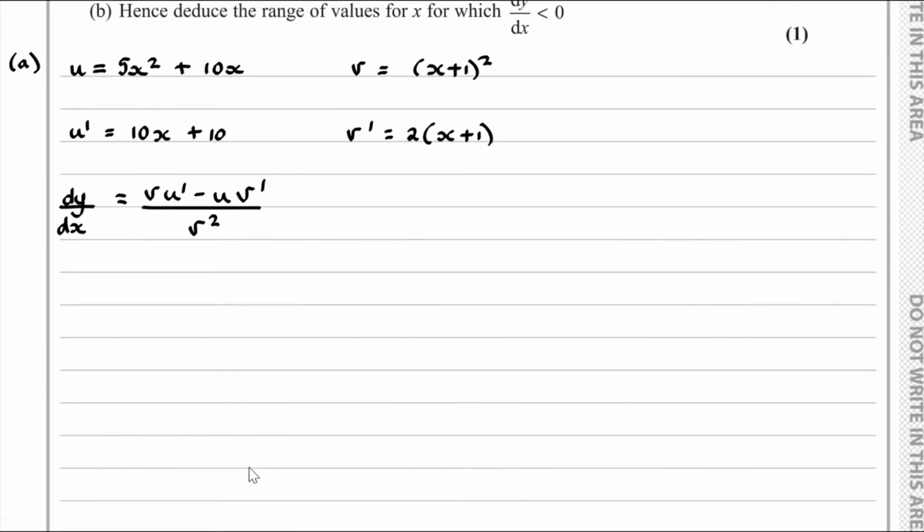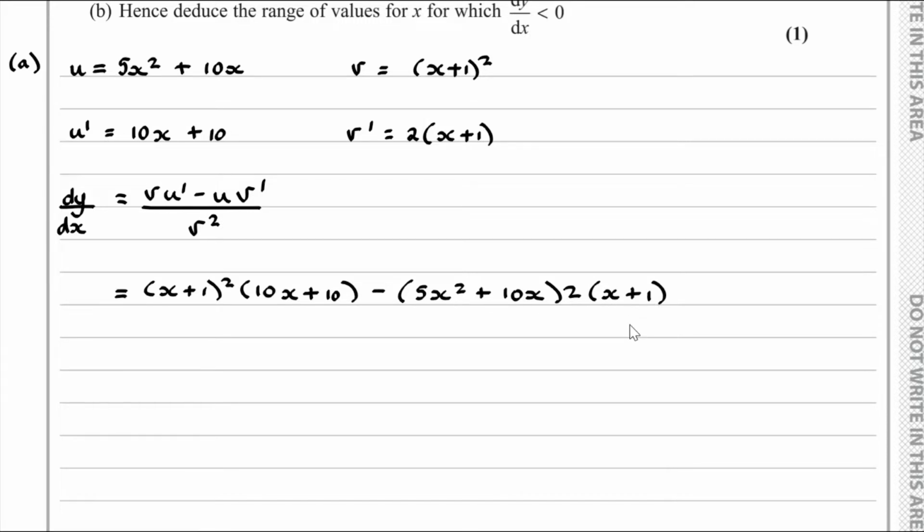And if we substitute in what we know, we have v, which is x plus 1 all squared, times by u dash, which is 10x plus 10, minus u, which is 5x squared plus 10x, lots of v dash, which is 2 lots of x plus 1.